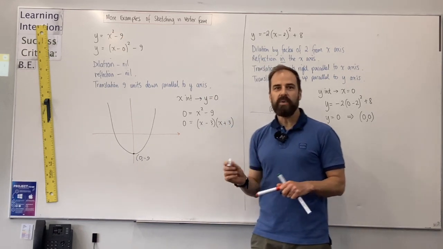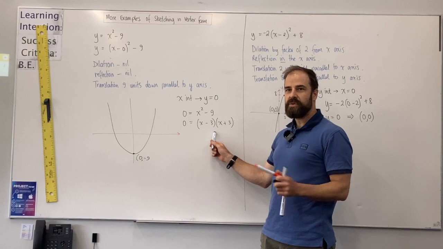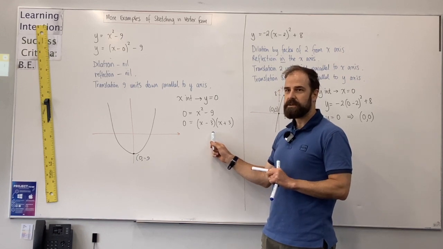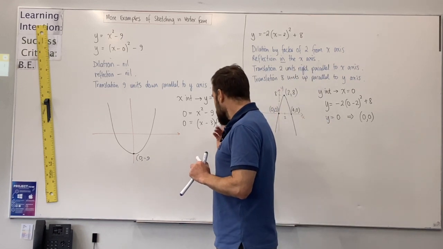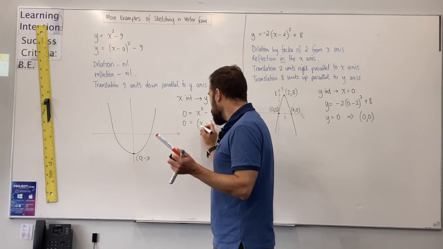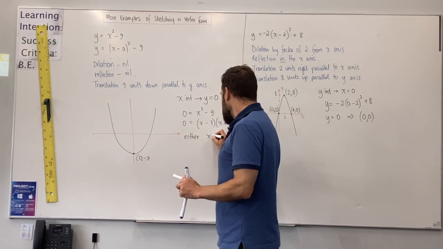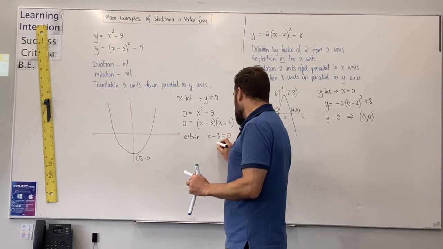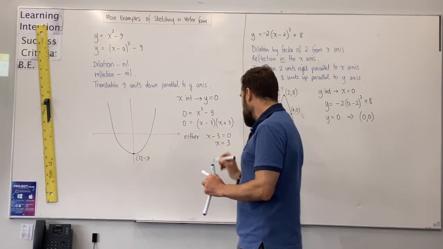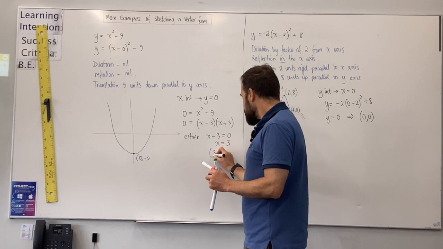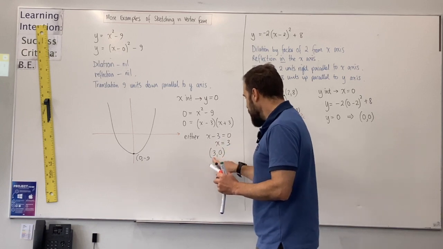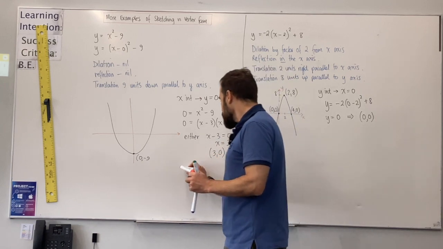How do I solve using the null factor law from here? Good. So we solve it in parts. Either x minus 3 equals 0, in which case x would have to equal 3. So that's the point x is 3, y is 0.